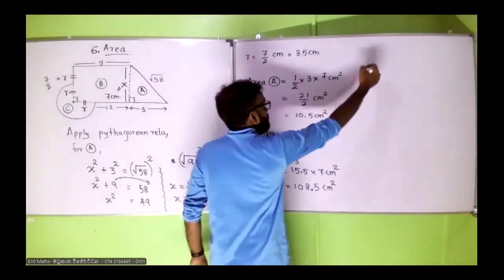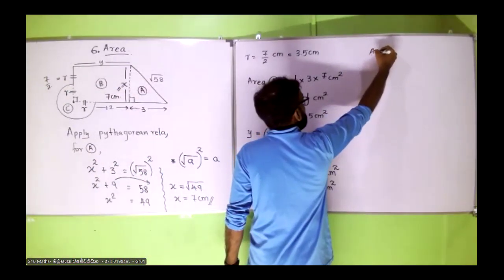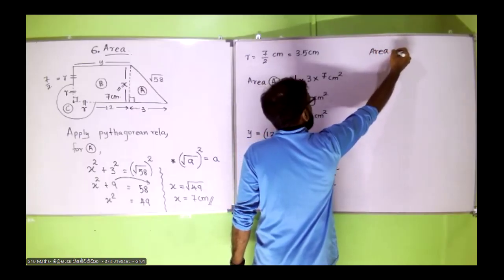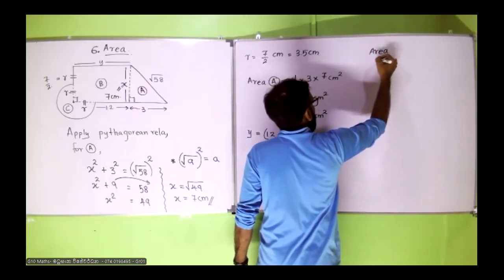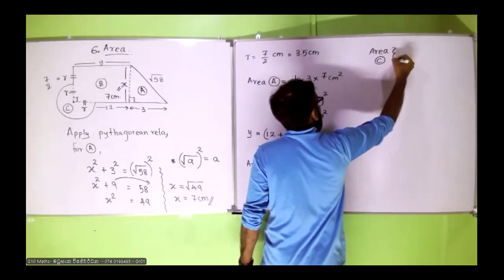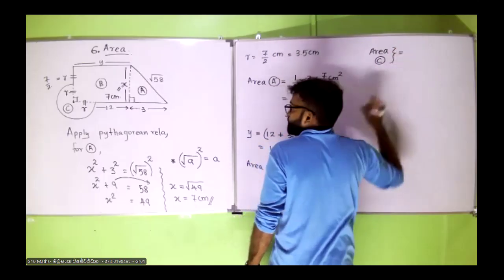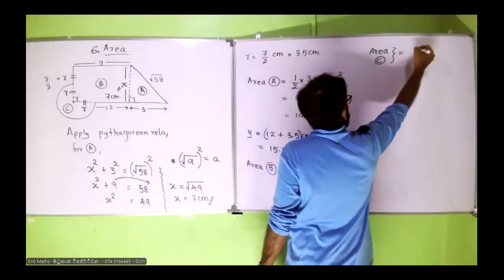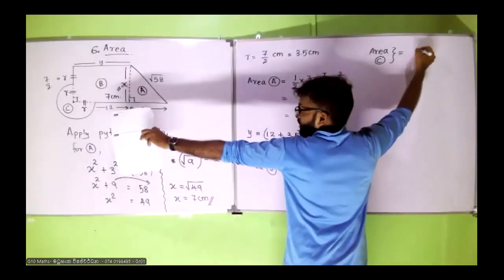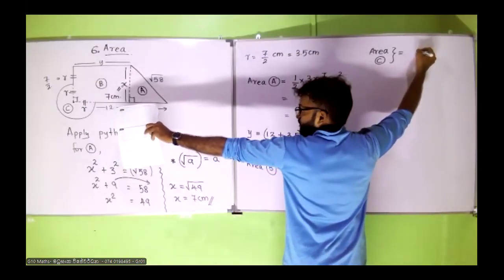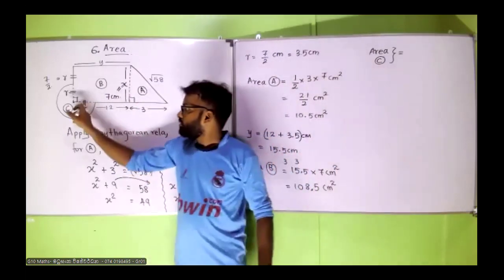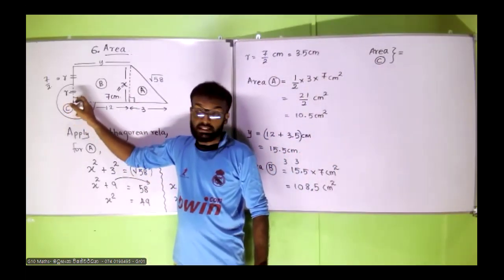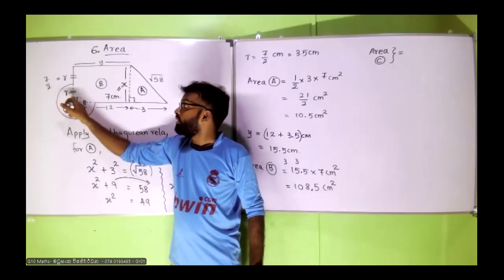Area of C. You know how to find it. What is the portion of that circle? Theta is not 90 degrees, but 270.